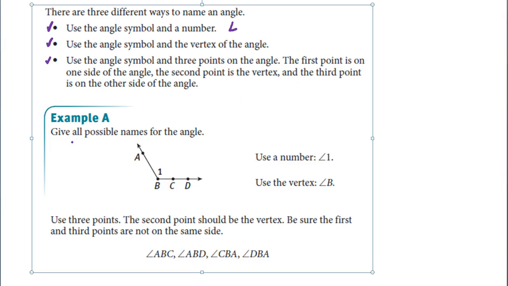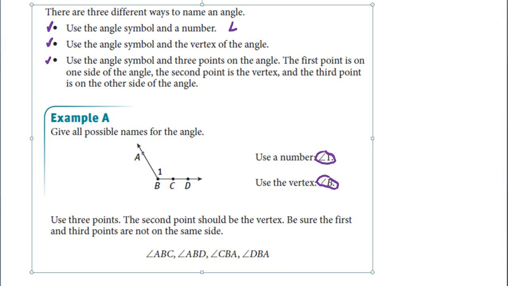Here's an example. Give all possible names for this figure, for this angle. One answer is to say angle 1. That's a pretty quick way to do it. Another answer is to use the vertex and just name this angle B. Again, that's very fast to do. You can also name it using 3 points. So all of these answers are the same figure.